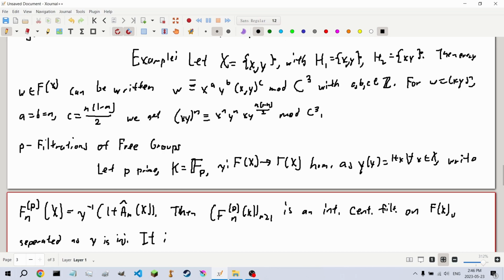It is called the p-filtration on F of X.